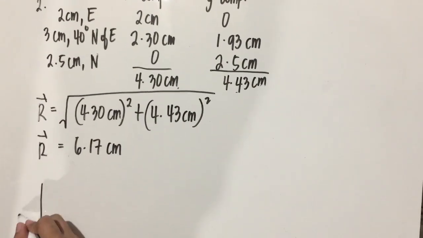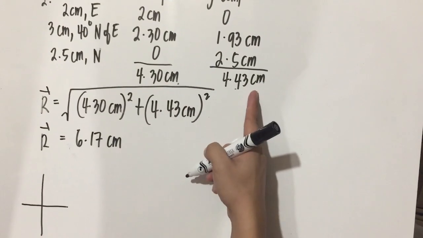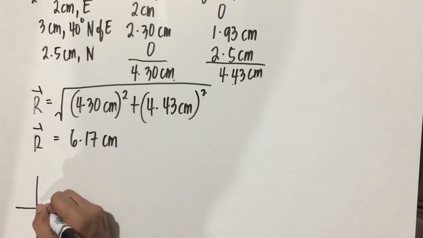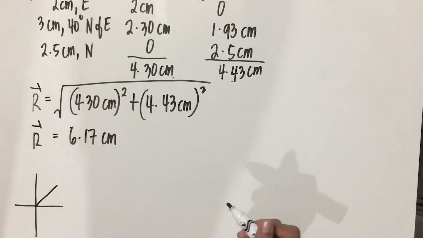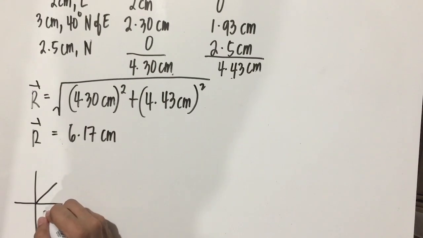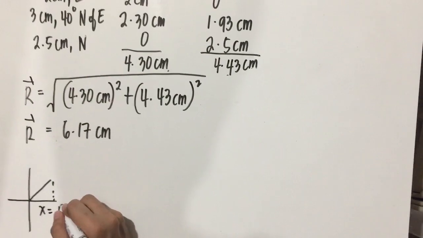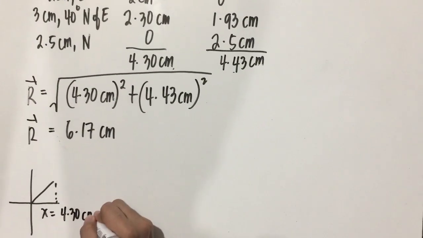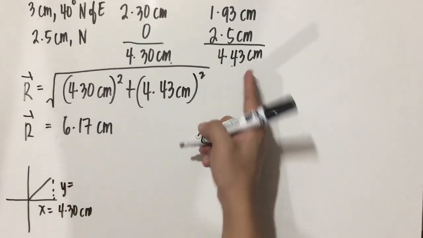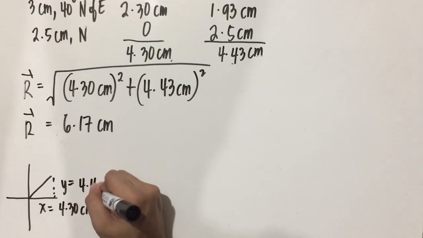So we have to draw a Cartesian plane. So we know for a fact that that is still found in the first quadrant based on the sign. So we have x component 4.30 centimeters, for the y 4.43 centimeters.